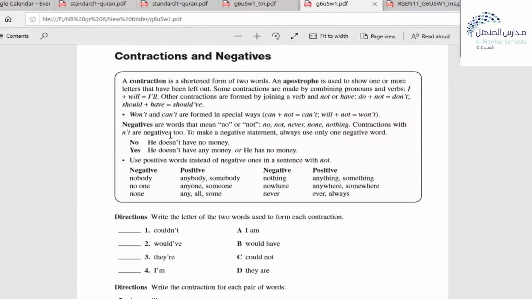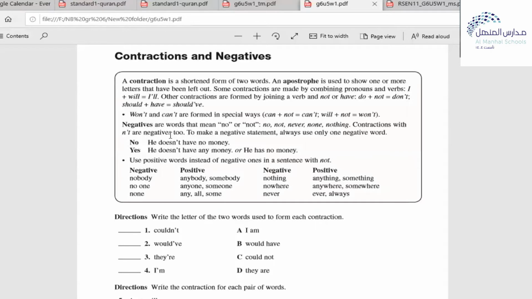This is for contractions. Negatives now. What are negatives? From the word itself, negatives are words that mean no or not: no, not, never, none, nothing. These are all negatives.